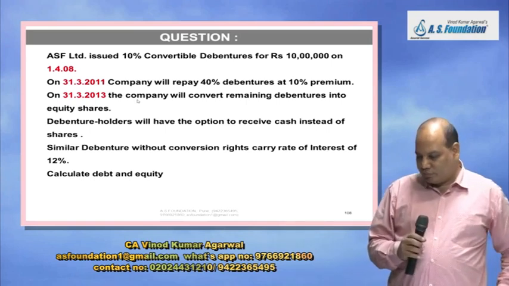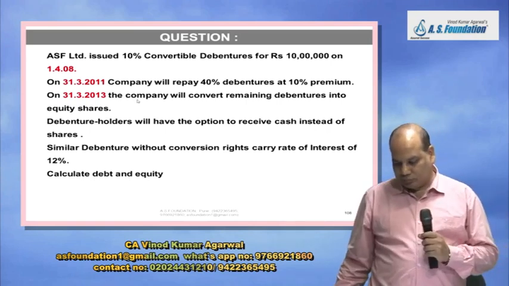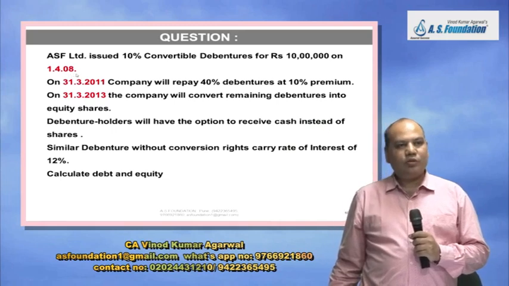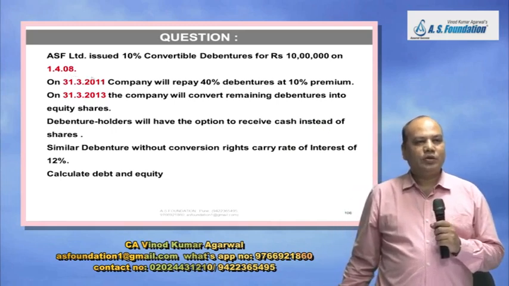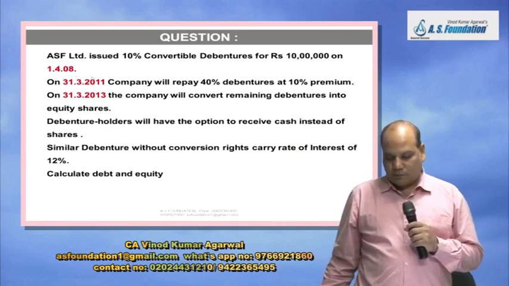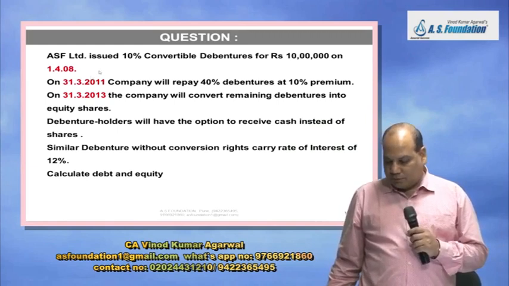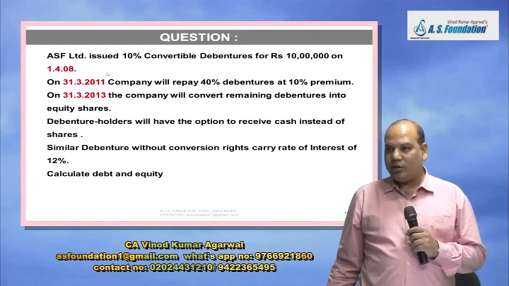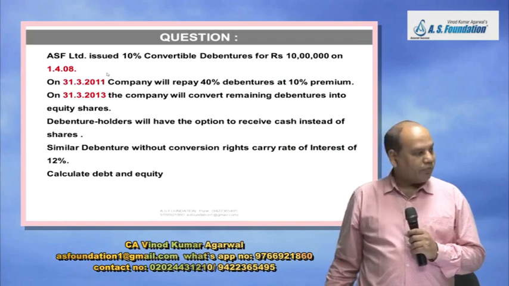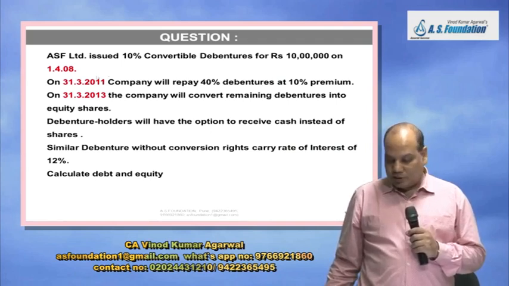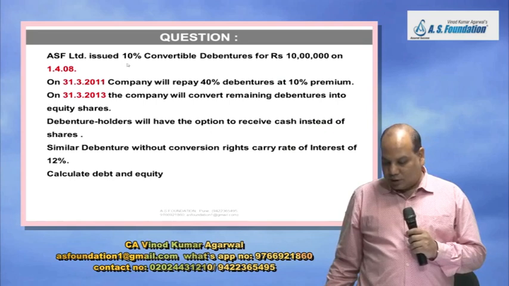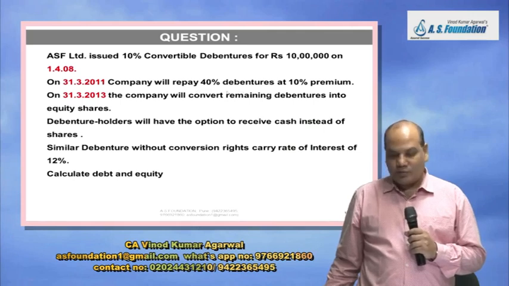Okay, over. What is the total maturity period of this debenture? 5 years. First year, second year, third year, there is no problem. Same coupon will be paid. Then in the third year, you will write one more cash flow: redemption of 40% at 10% premium.